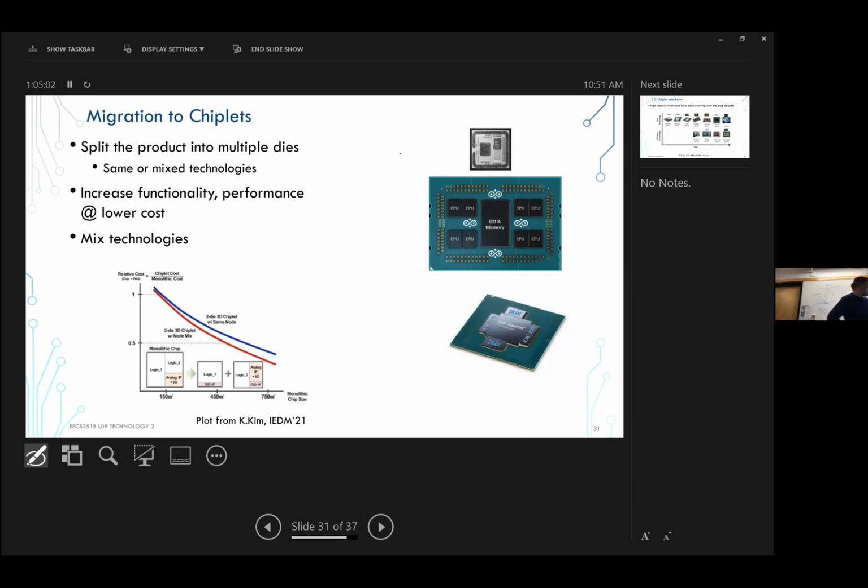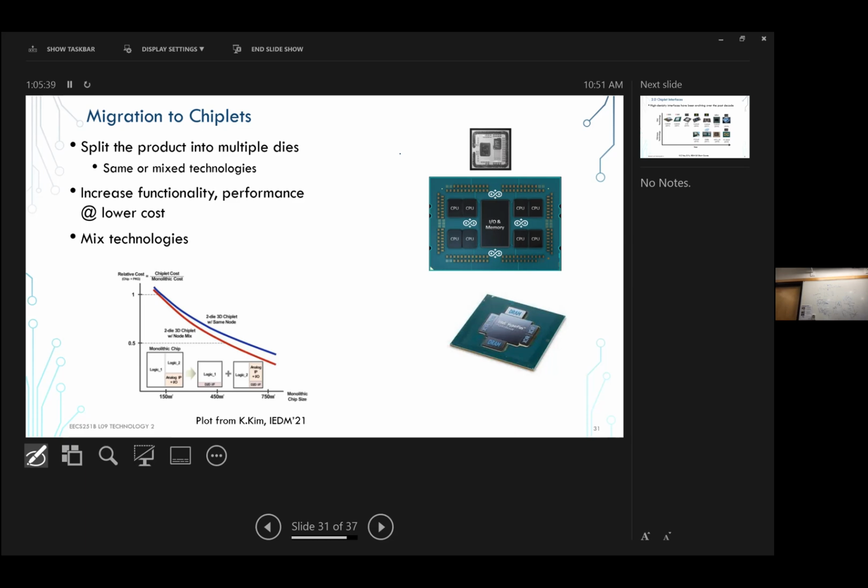And here is a picture from Samsung showing the relative cost of going from monolithic to chiplet, and it goes down with the size of the silicon area being used. It goes down even more aggressively when you can mix technologies and use cheaper or more mature technologies. And this goes down in 3 nanometers. This is their projection for 3 nanometers.